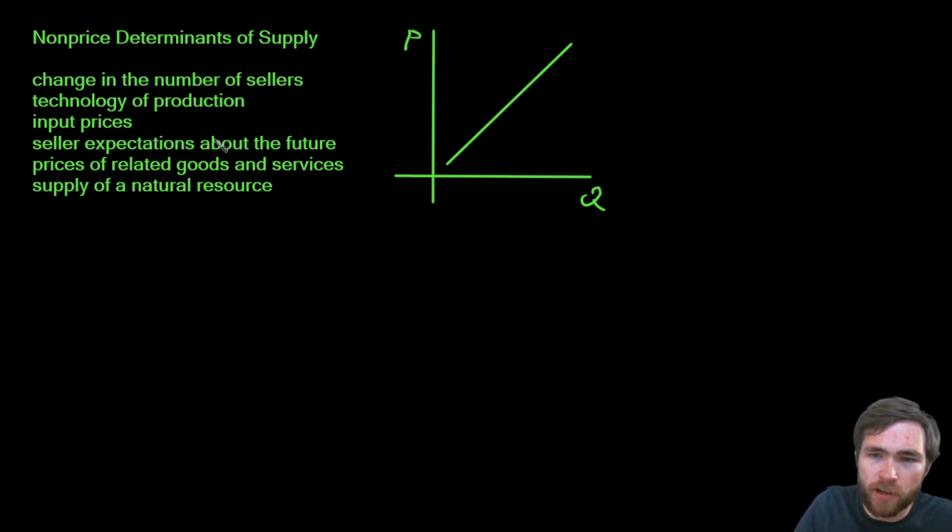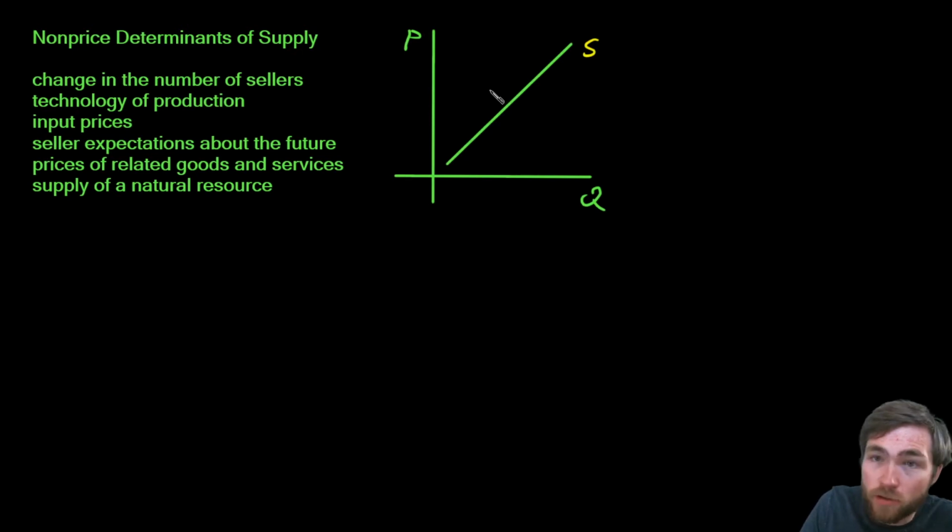Suppose that there's a change in the number of sellers. Let's put a specific example on it. Let's say that there's a reduction in the number of sellers. Thinking back to our earlier examples, if one of the sellers of bikes were to just disappear, which way do you think that this supply curve is going to move? Inward or outward?